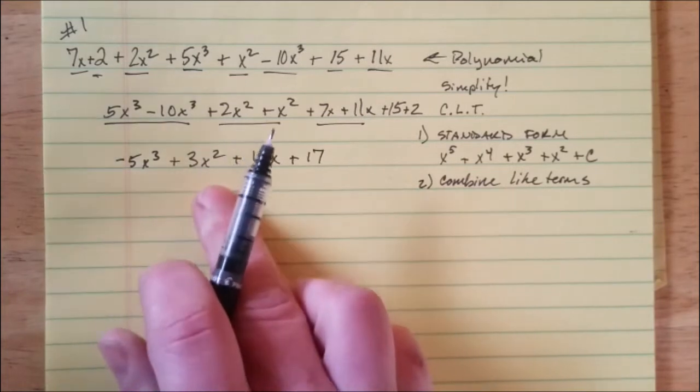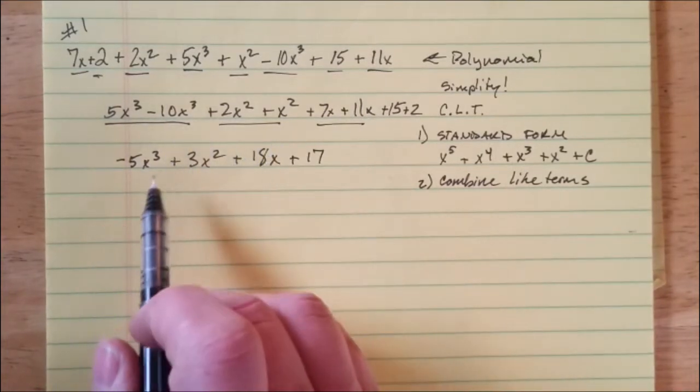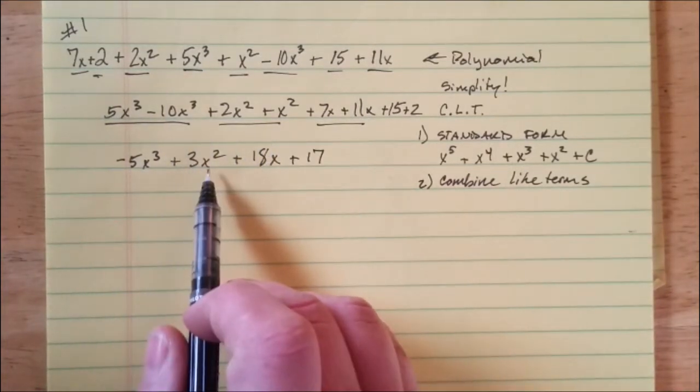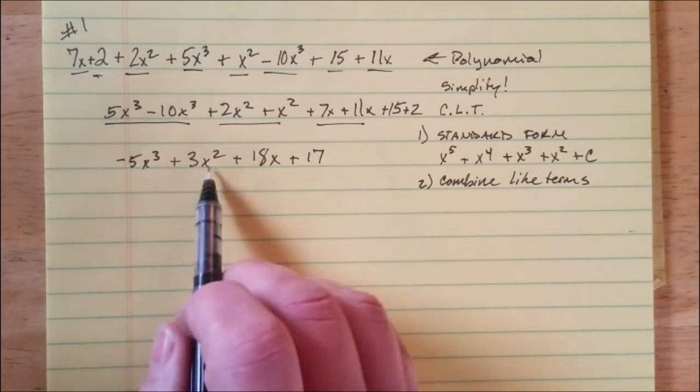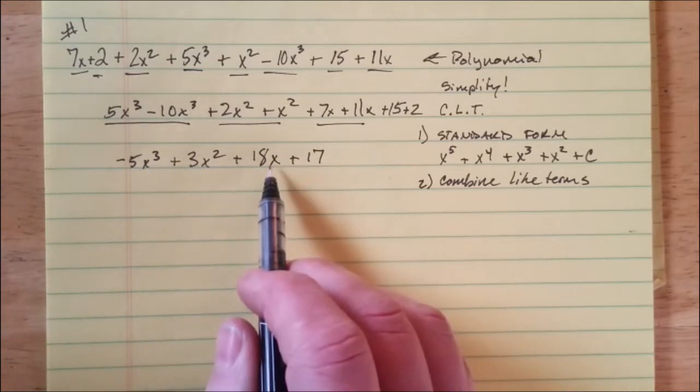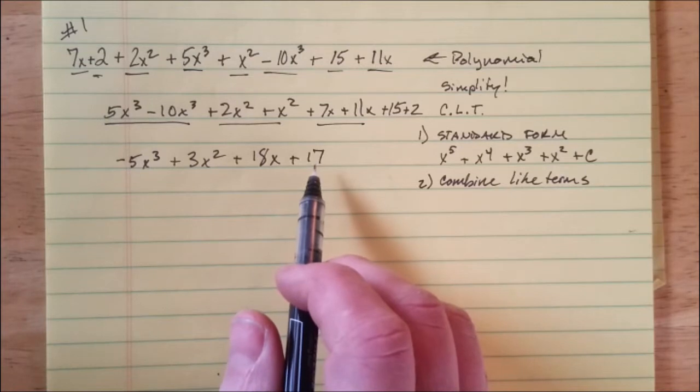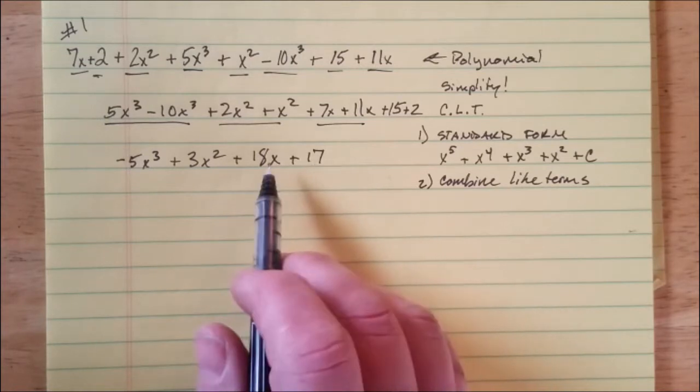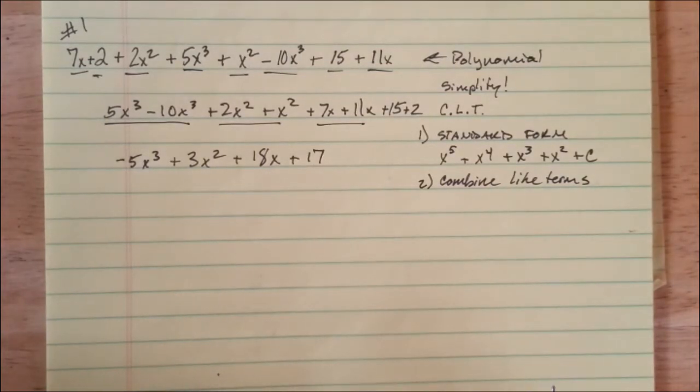And that's our final answer. X cubed cannot be combined with x squared because those are not like terms. 18 x's can't be combined with 17 because that's a constant, that's a plain number, and that's 18 x's.